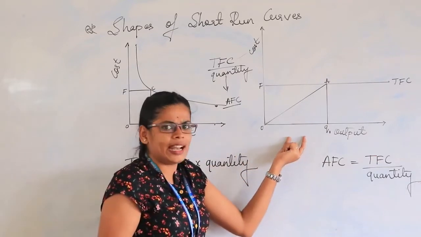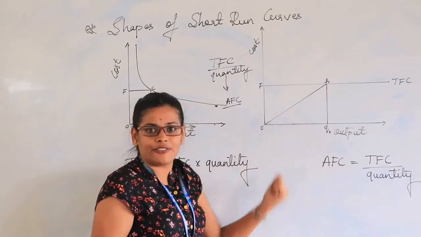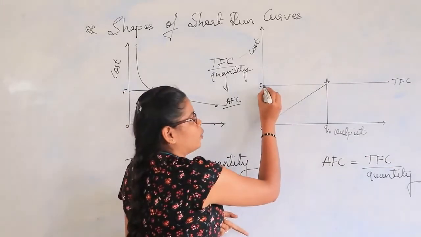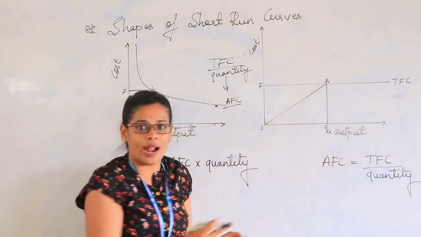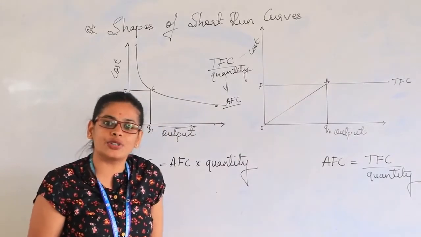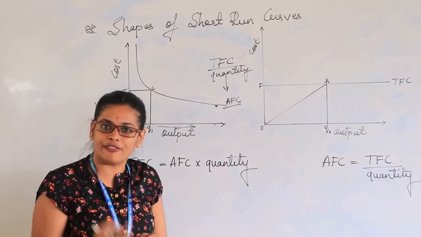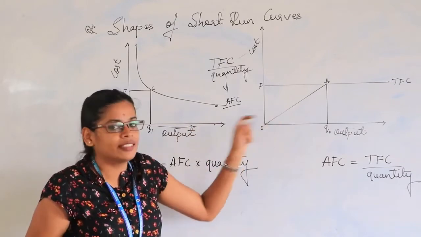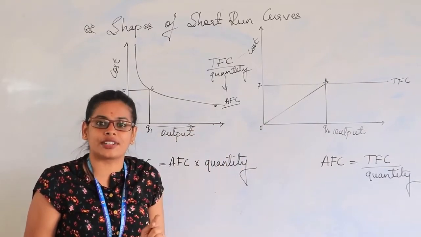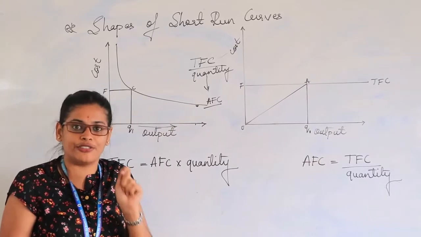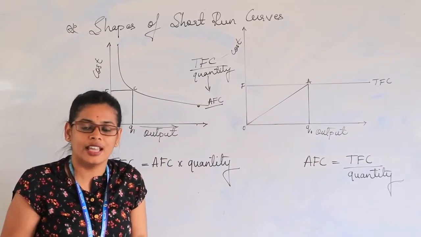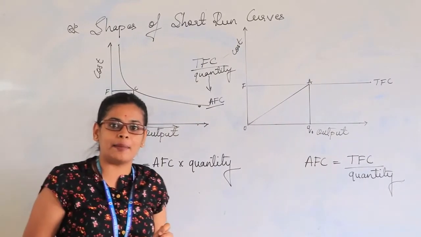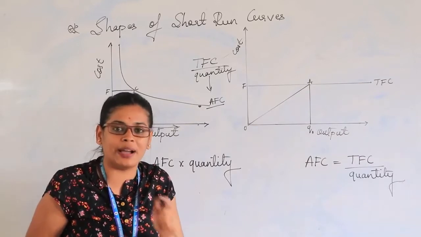And this is the graph which tells us about the total fixed cost. Whatever the quantity might be, whether the firm wants to produce 1000 units or 2000 units, the total fixed cost will be constant. Why? Because it's not going to change. Fixed cost will always be fixed. If you remember, I gave an example of rent paid by the company.